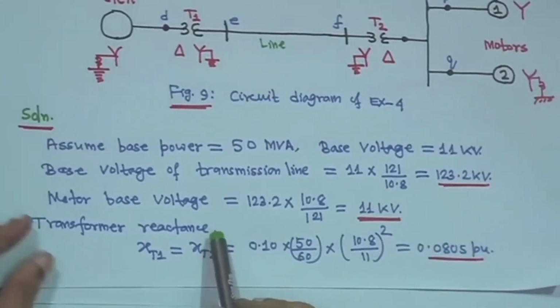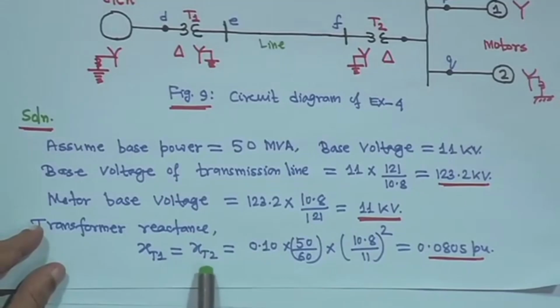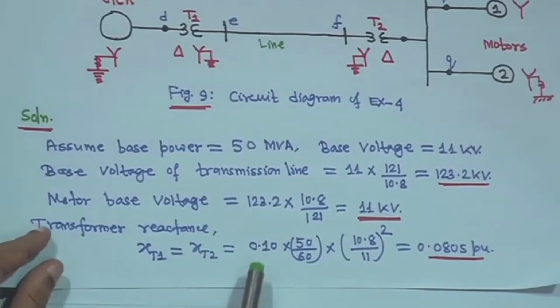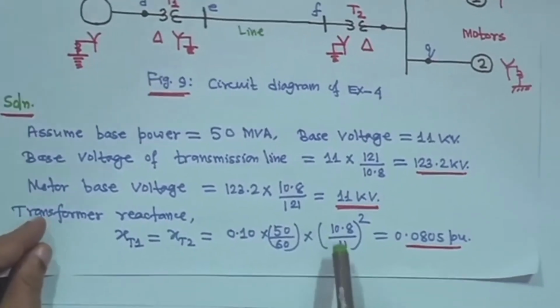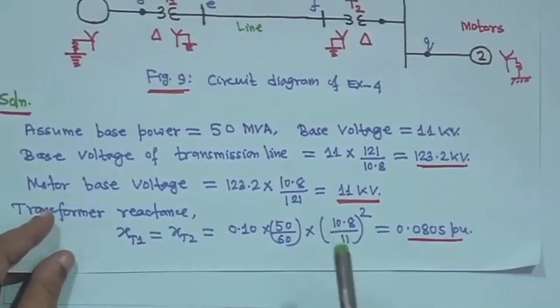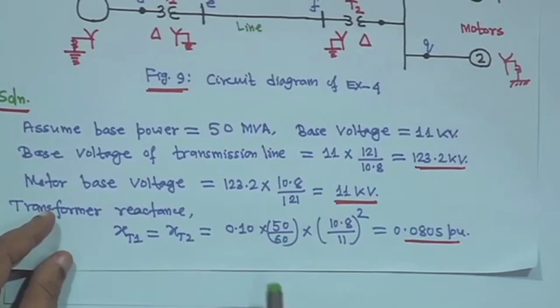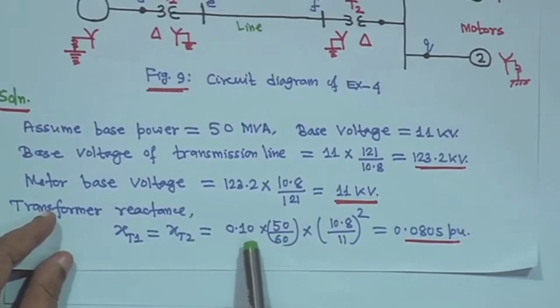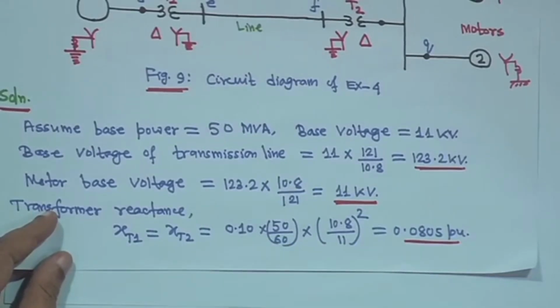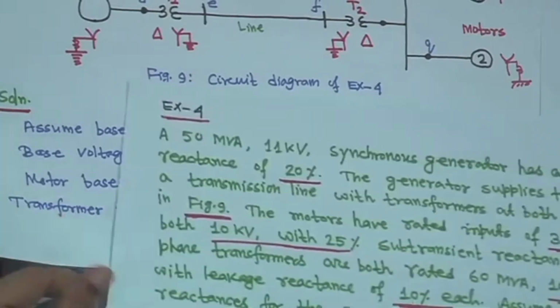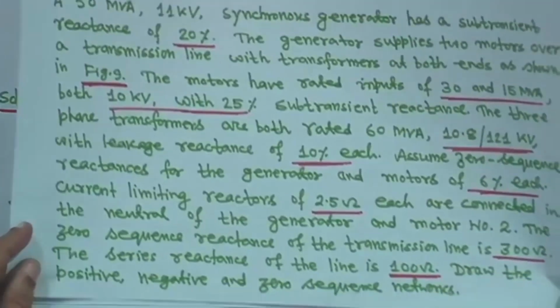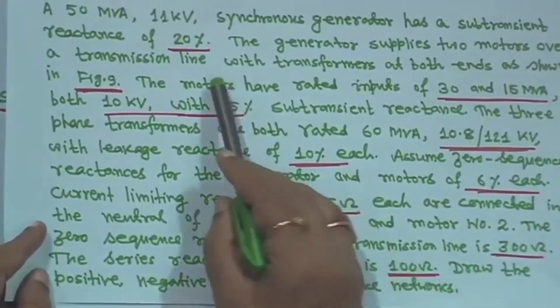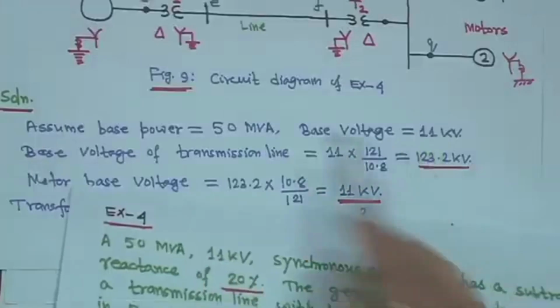So, the transformer reactances, both X T1 and X T2, are given as 10%, right. Now, what we have to do is the same per unit conversion. I have not written which equation number it is, but the idea is that both transformers are rated 60 MVA. Let me see where this data is given.